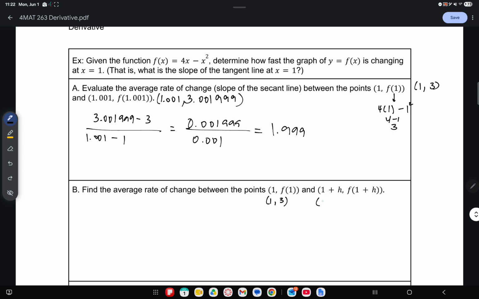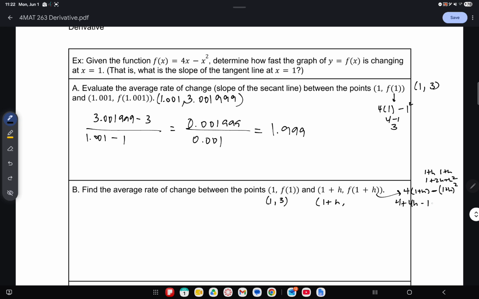All right, let's find the average rate of change between that first point, which was (1, 3), and then any other point with some h change. So let's see, that 1 plus h, if I substitute that in, is going to give me 4 times (1 plus h) minus (1 plus h) squared. So let's see, 4 plus 4h, and then (1 plus h) squared is going to give me 1 plus 2h plus h squared, but I'm subtracting that.